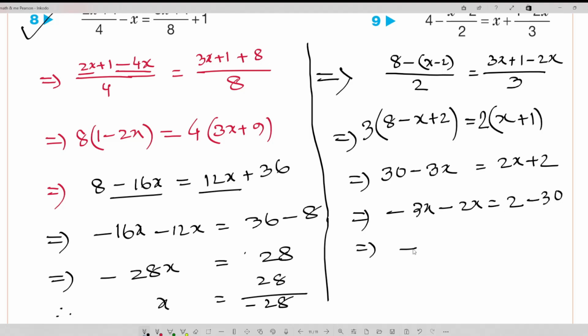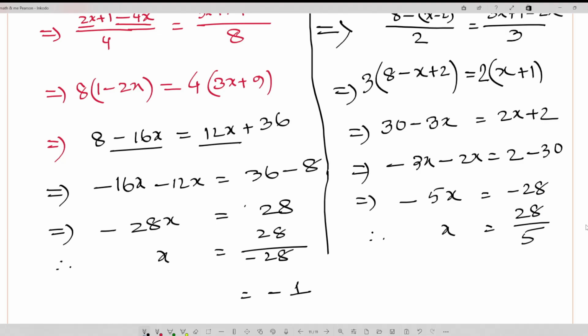So here is minus what? Minus 5x equals 2 minus 30, which is minus 28. So our answer is x equals 28 divided by 5, right? Both sides minus 1. Once we multiply, the minus will become positive. So 28 by 5 is our answer.